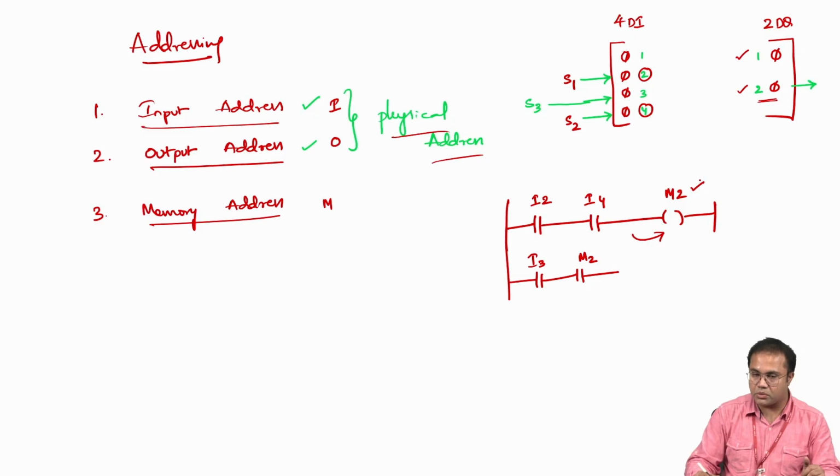Now when this M2 goes high, immediately the output instruction can be used across the input. So along with this M2, I'm checking with I3 as well. Understood? So based on this, I'm going to generate the output.